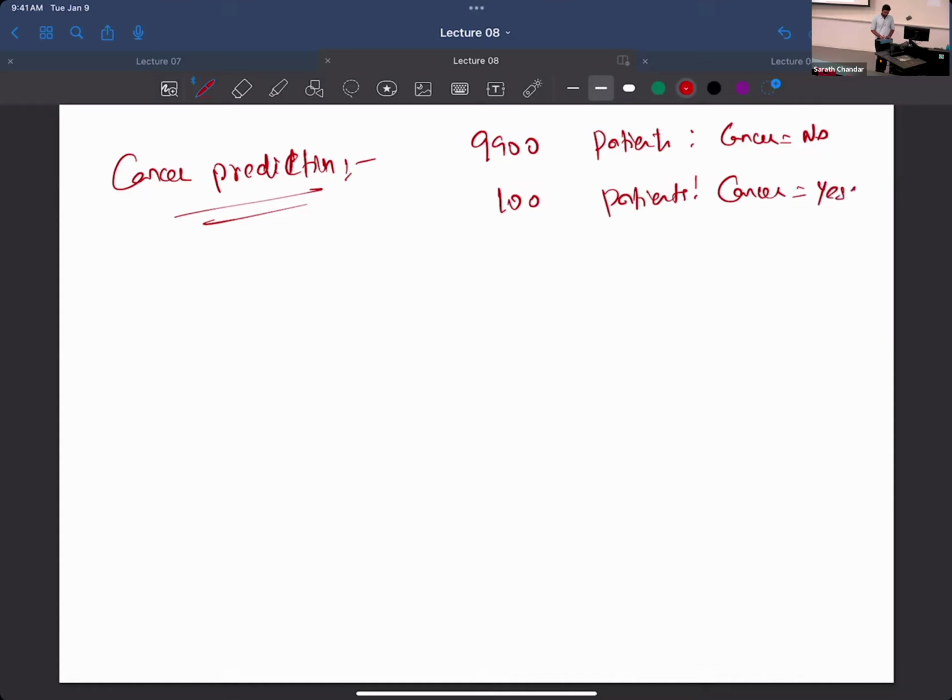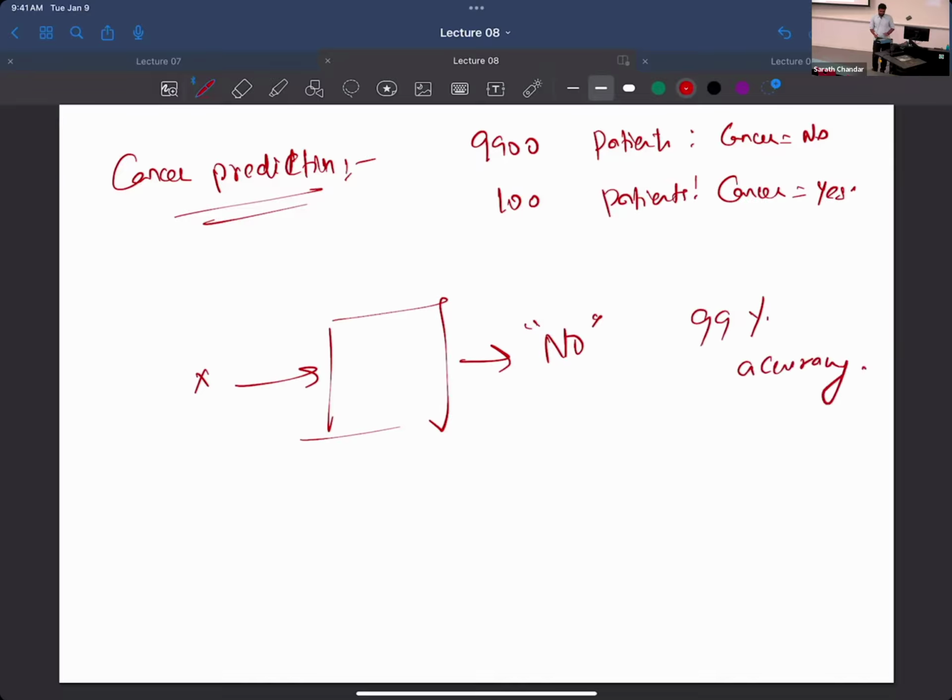Now, if I have a classifier which gives a default no as the answer for all the x, this is going to have 99% accuracy. That's close to 100%.